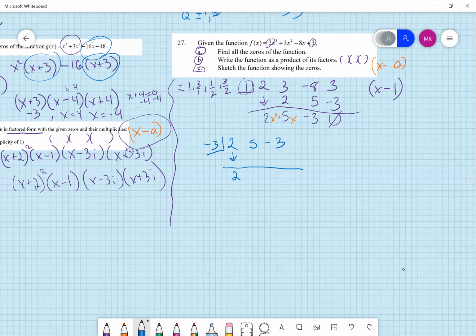We get 2. 2 times negative 3 is negative 6. 5 plus negative 6 is negative 1. Negative 1 times negative 3 is positive 3. We add negative 3 and positive 3, we get a 0 as our remainder, so we know that another factor is x minus negative 3, or x plus 3.